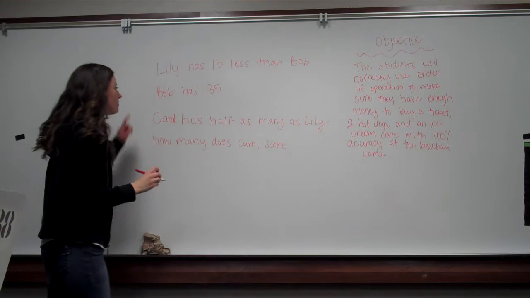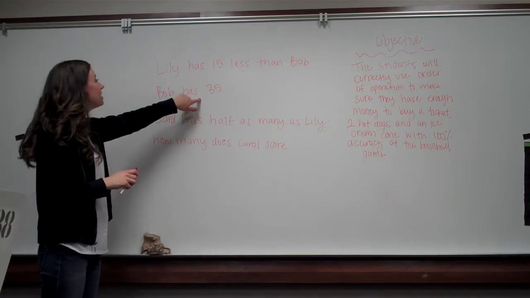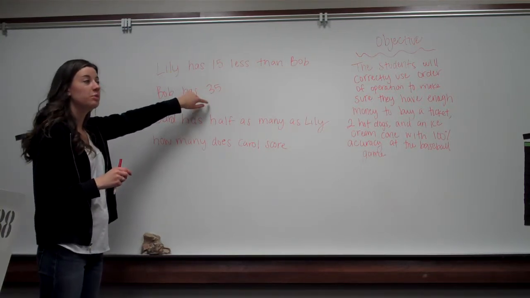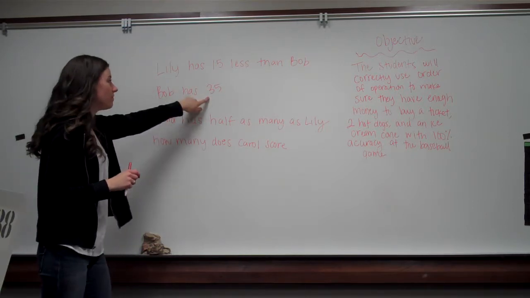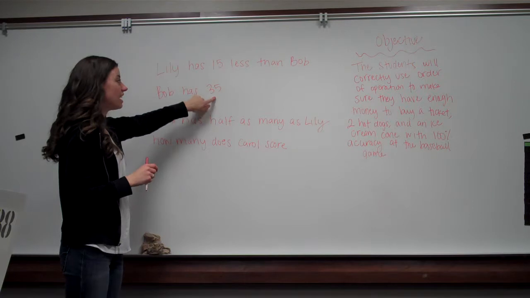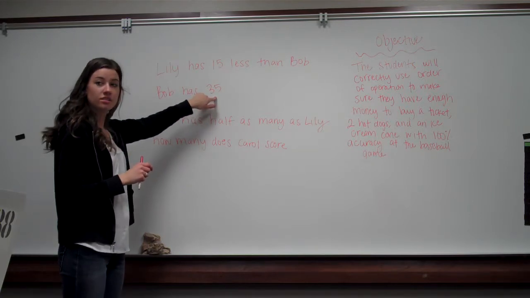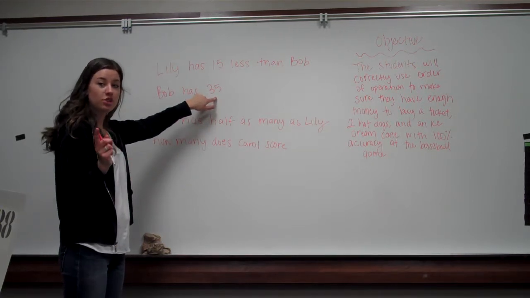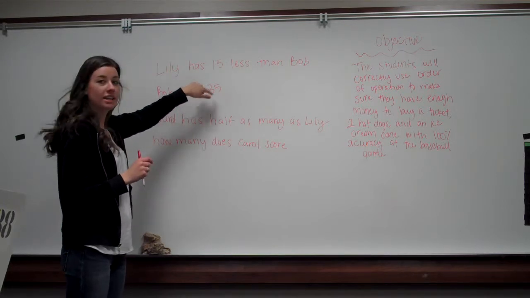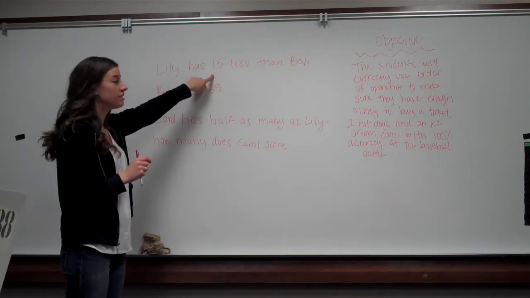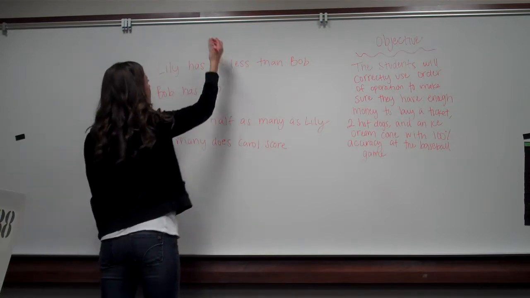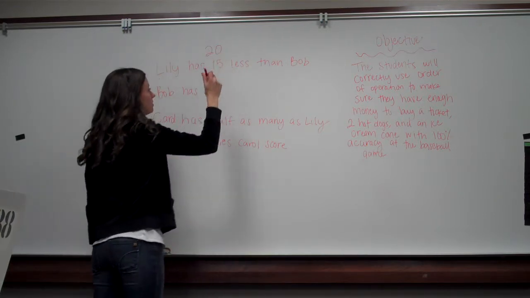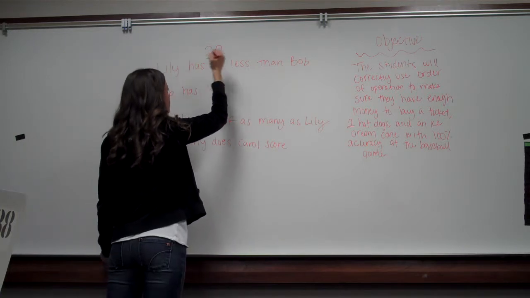Okay, so if Bob has 35 and Lily has 15 less than Bob, how will we figure out how many Lily has? 15 less than 35. Subtraction. So you would take 35 minus 15, which is 20. So Lily has 20. Now we don't need to know this part.